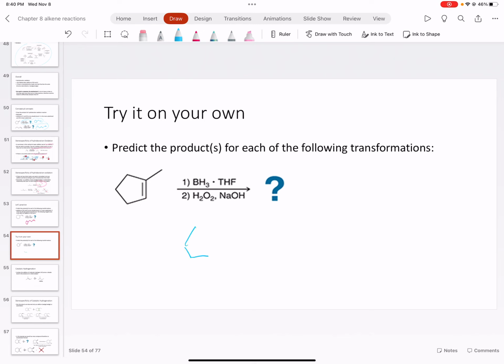So like I always recommend, I would say just try to draw them flat first and then see if you get any chiral centers from it or not. If you do, then we have to consider stereochemistry. So then OH will go on the least substituted, and then H on the more substituted.